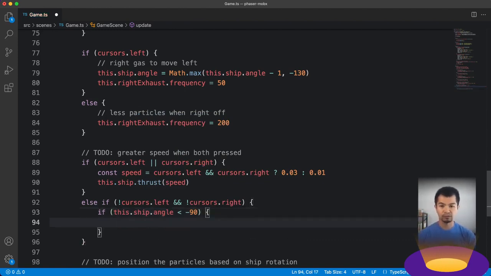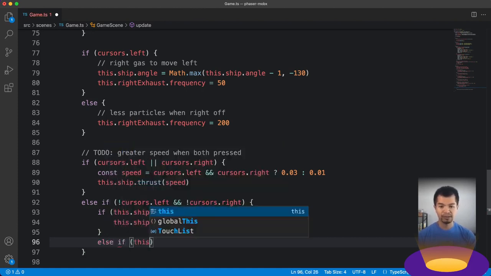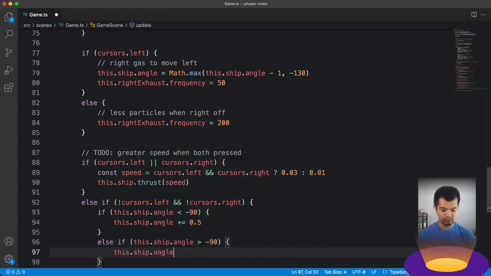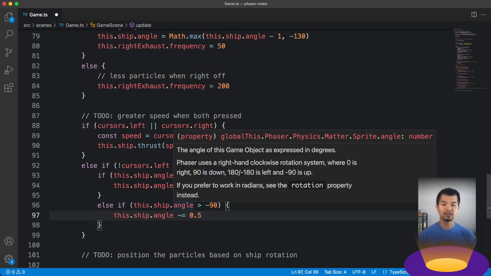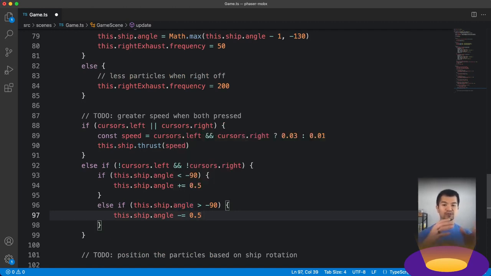We are going to do this.ship.angle plus equals, let's just say ½ degree. Each frame that nothing is pressed, we automatically nudge you ½ degree back to center. Now else if this.ship.angle is greater than -90, so that's going to be -50 in that direction, we are going to do this.ship.angle minus equals ½ degree. So that's just a nice way so that once the player stops pressing any keys, the ship just reorients itself to idle.